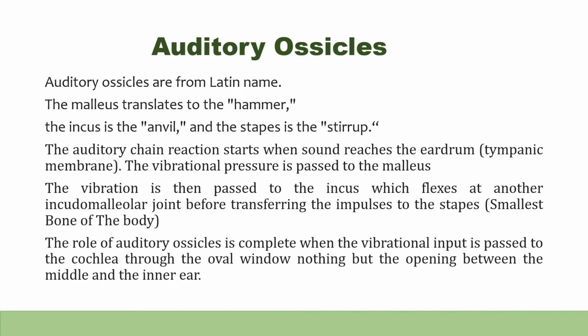After the stapes, the role of the auditory ossicles is complete when the vibrational input is passed into the cochlea through the oval window, which is the opening between the middle and inner ear. This is the actual mechanism of the auditory ossicles and the bones included in it.